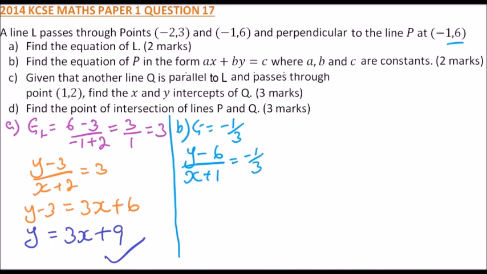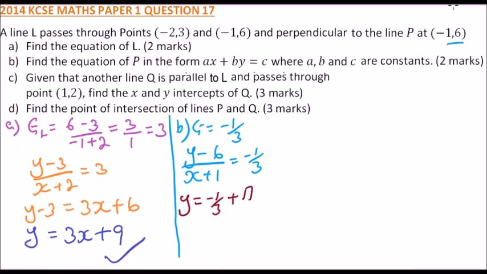Once you get there, then you can cross multiply. You get y is equal to minus a third x plus 17 over 3.